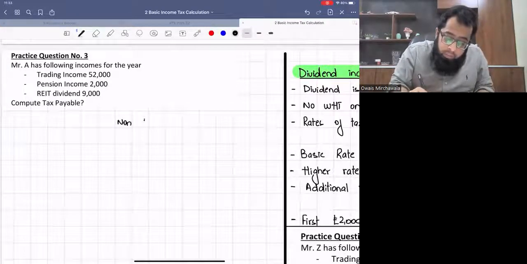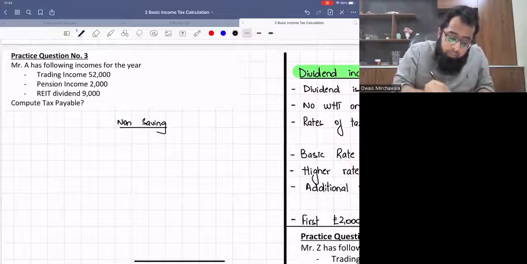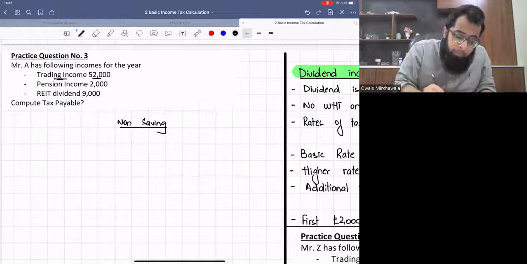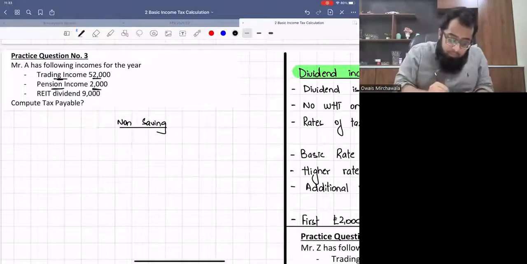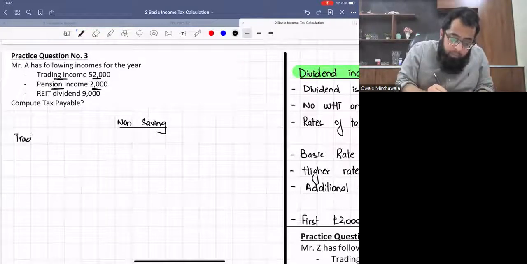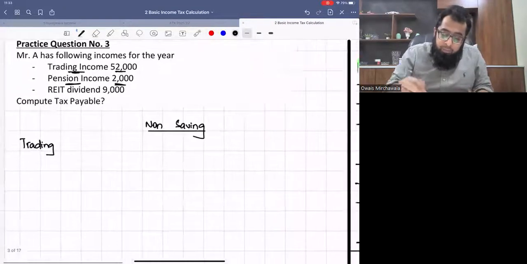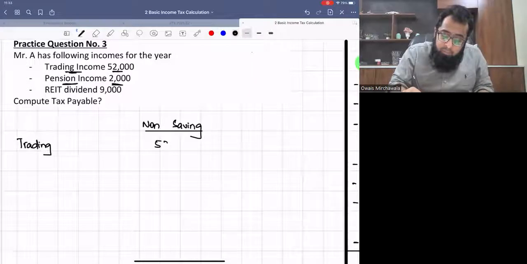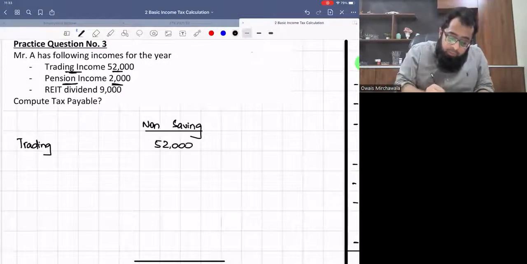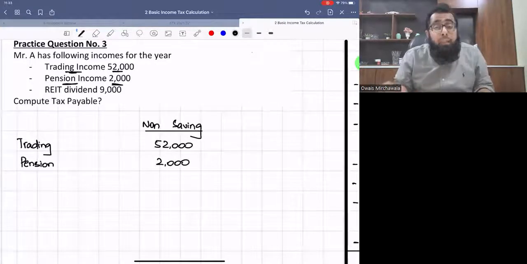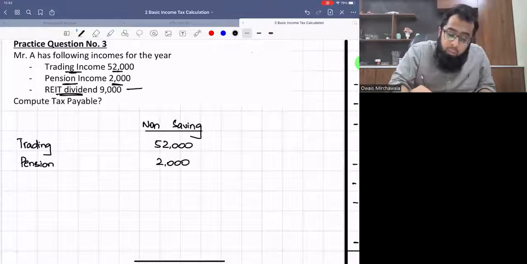Now, again, non-savings incomes. Trading income is 52,000. Pension income is 2,000. Non-savings income: REIT dividend.